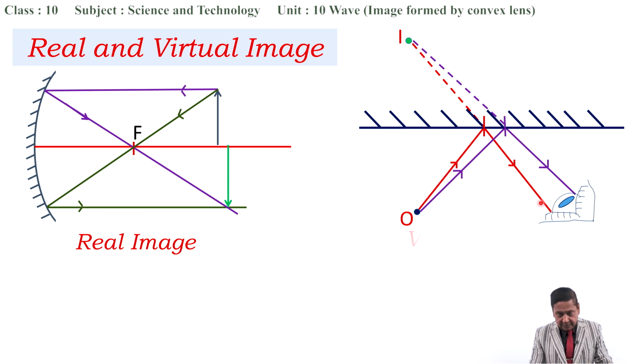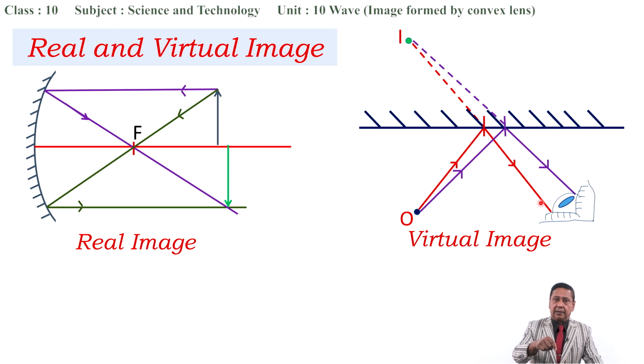Okay, this is a virtual image. This way we have to identify whether the image is real or virtual. Just remember this: after reflection or refraction, where the reflected rays or refracted rays intersect with each other, at that place the image forms. This is the image making principle.